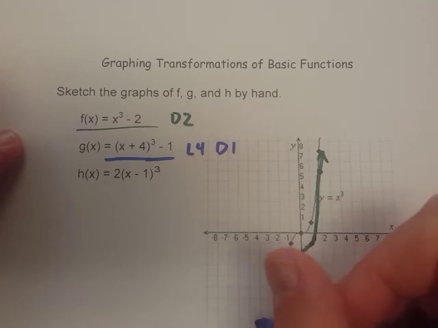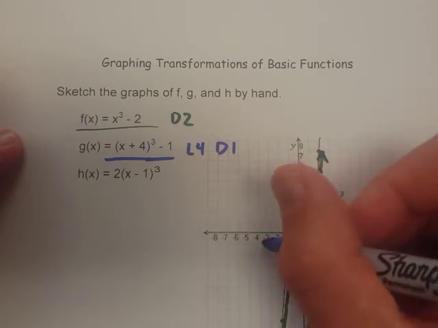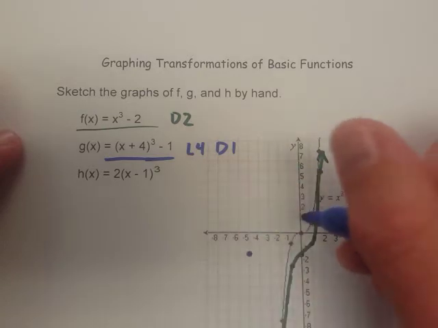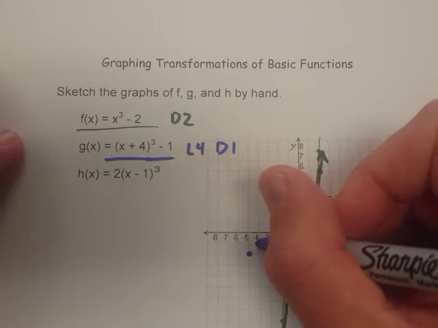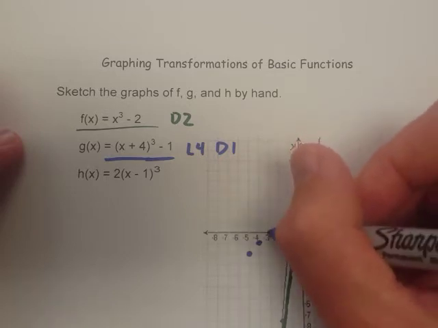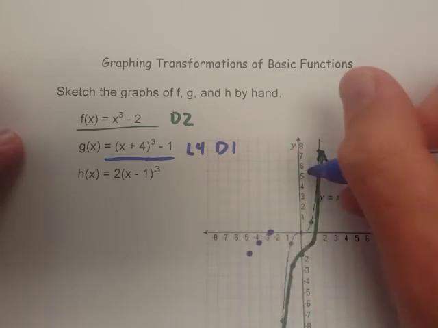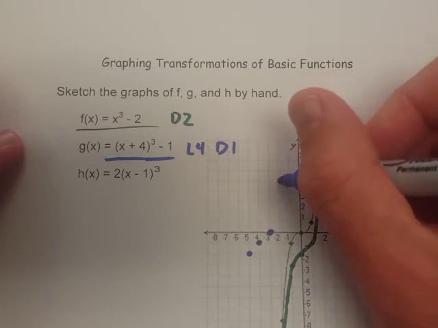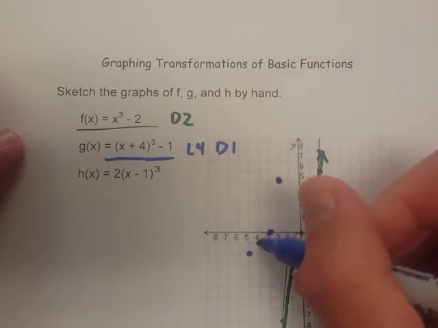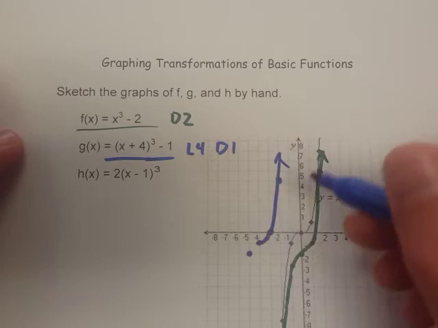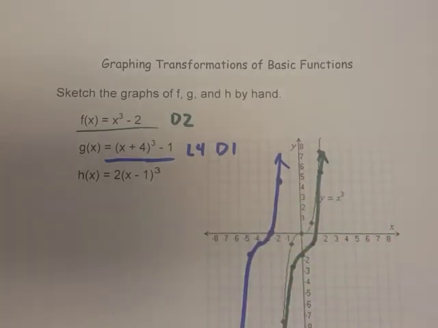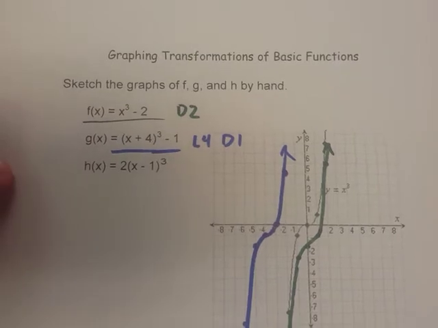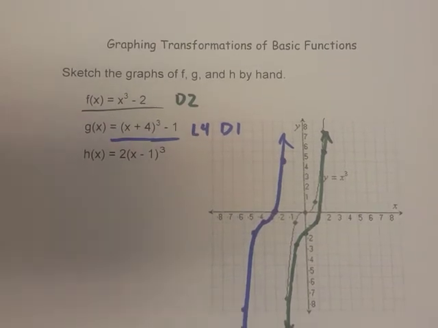So 1, 2, 3, 4, down 1, 1, 2, 3, 4, down 1, and we keep going with that. And then 1, 2, 3, 4, down 1. And so my blue graph is going to look something like this. We are just translating and transforming based on those individual points.